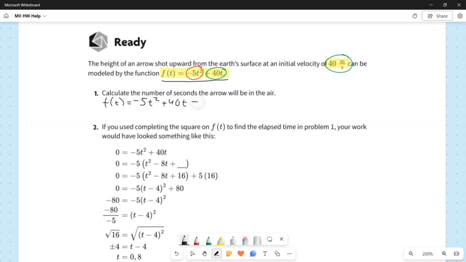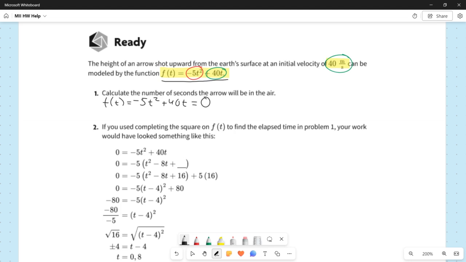What happens when we set this equal to 0? This is saying our height of the arrow is 0. It's the result of the function. And now I want to know, what's the value or values of t that result in 0?